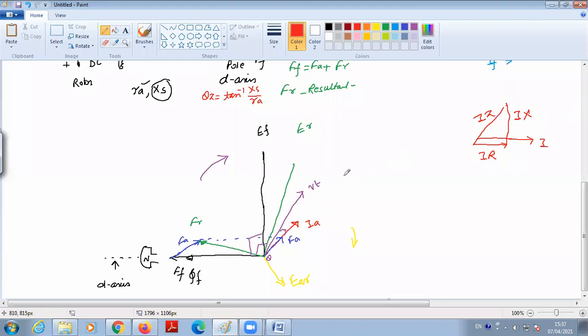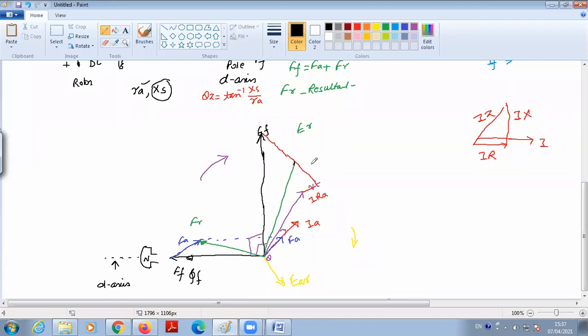Similarly, this is the resistive drop, small I into Ra, and in quadrature there are reactive drops. So this is the total EMF EF, this is the resultant voltage.